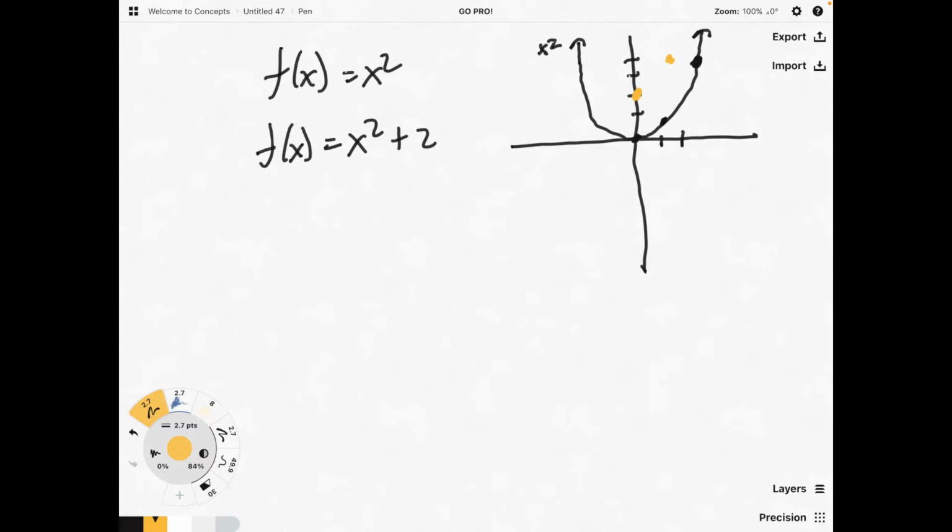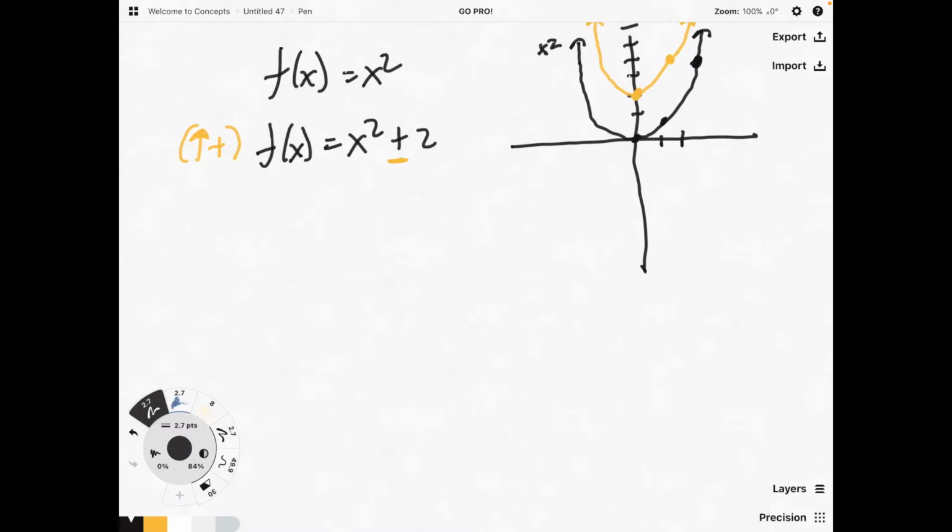And if we go over 2, then we're going to be off the graph, somewhere way up here. We draw this out, and what we see is that this graph is the same as our original function. It's just vertically shifted up 2 points. If you add something to the function, then that's going to go in the upwards or positive direction.